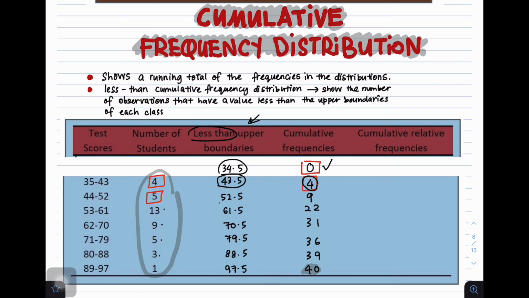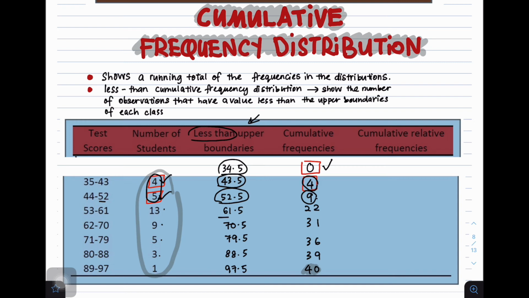Yang kurang daripada 52.5, kita ada 9 data. Kenapa kurang daripada 52.5, kita ada 9 data? Sebab yang ini pun kurang daripada 52.5, dia sampai 52 je. Dan yang ini pun kurang daripada 52.5. So we sum up them together, then we have 9.